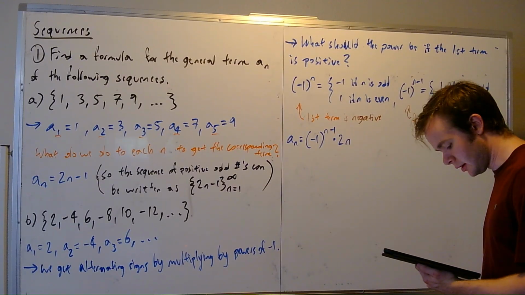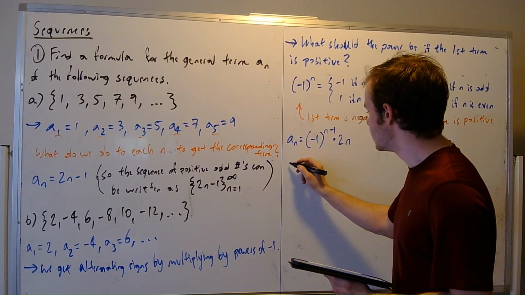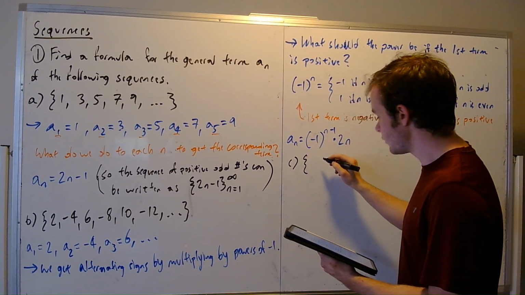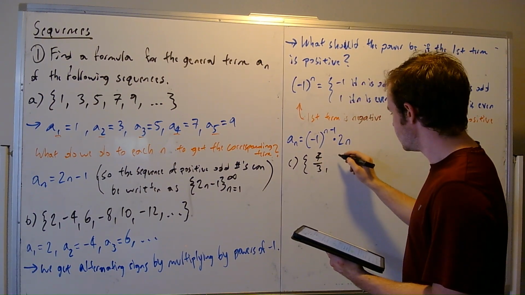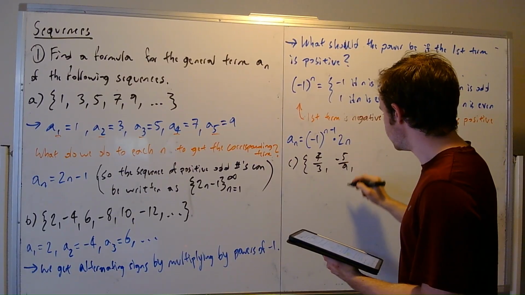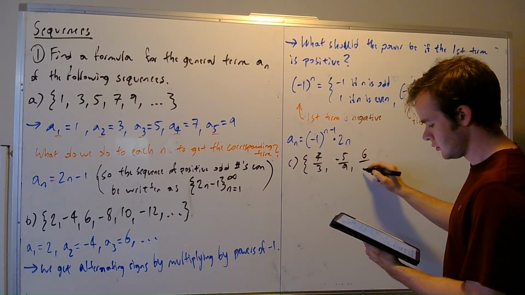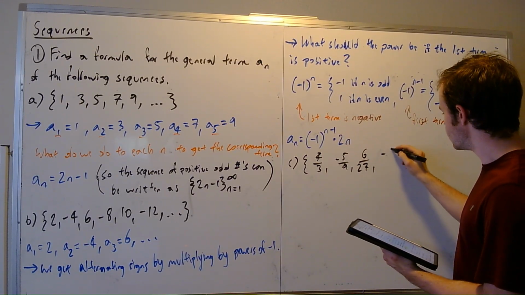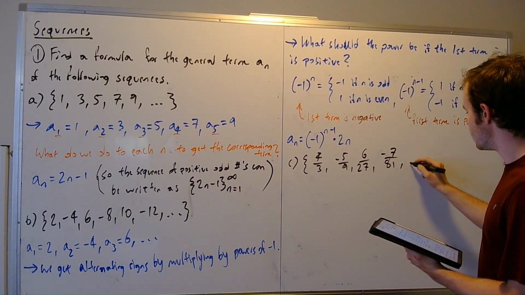Okay, and let's just go over one last part here to this problem, part C. Let's say you have the sequence 4 over 3, negative 5 over 9, 6 over 27, negative 7 over 81, and so on.